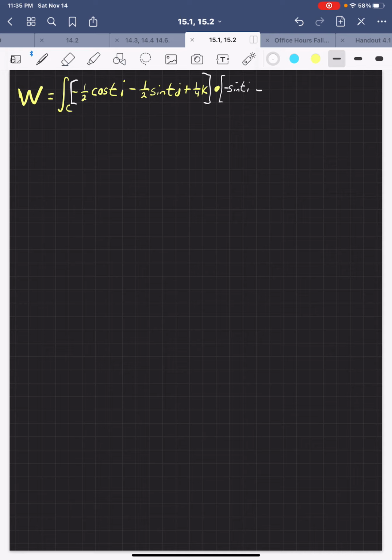So minus cosine of t, no, it is plus, right? Because it's a derivative, sorry. So plus cosine of t, j, plus k. So we're going to need that dot product of that. And then we want to integrate with respect to t. Just notice that we have not set up our bounds. So that's what we want to discuss now.